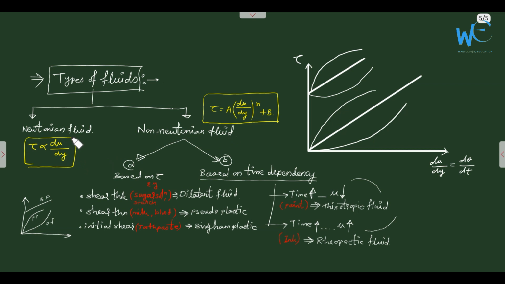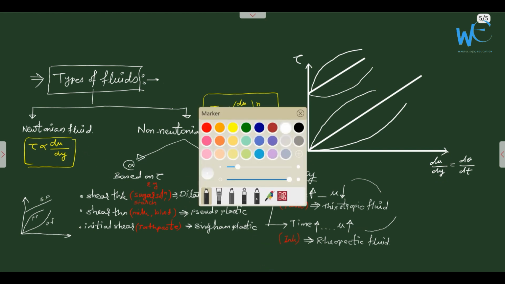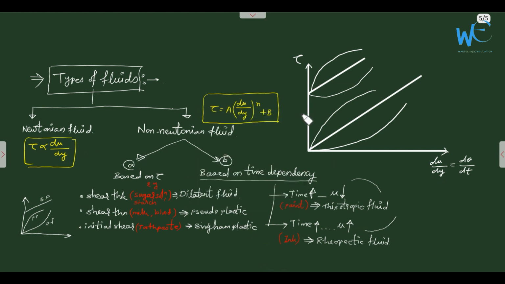So in the case of Newtonian fluid, if you can see clearly, on our y-axis we put shear stress, and on our x-axis, which we also call the base axis, we put du by dy. So where I am writing Newtonian fluid, it is very clear that this line is at 45 degrees to the x-axis, this is our Newtonian fluid.